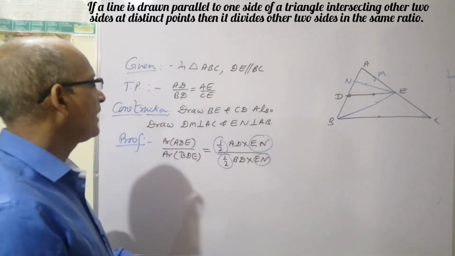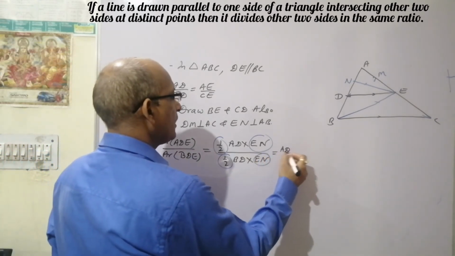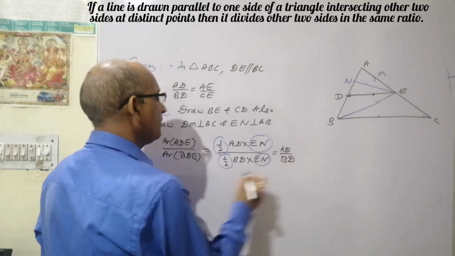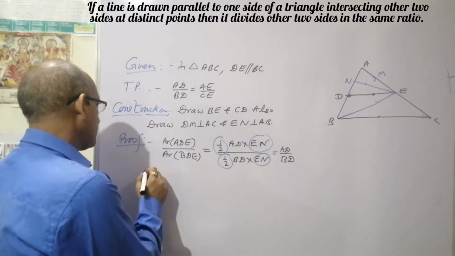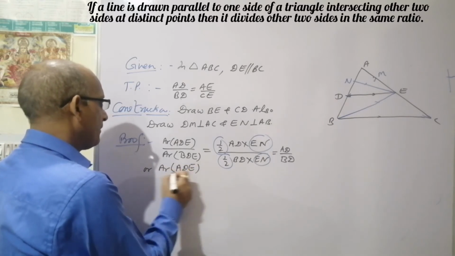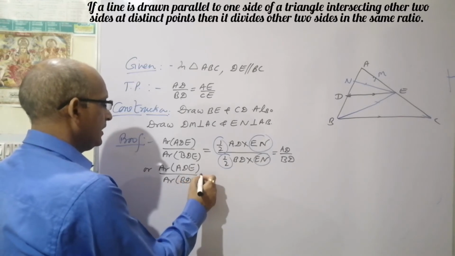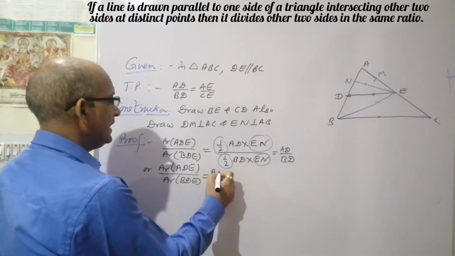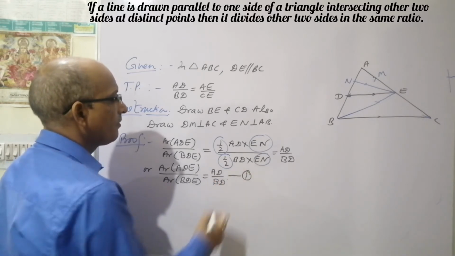So what shall we have finally? That will be AD upon BD. Save it as equation number 1. We can write area ADE upon area BDE is equal to AD upon BD.